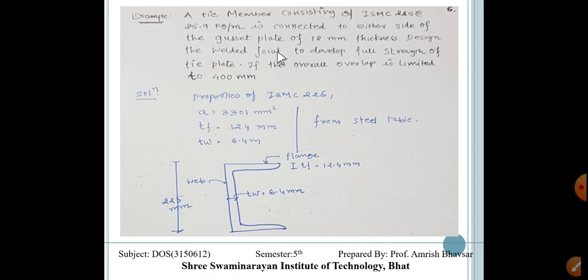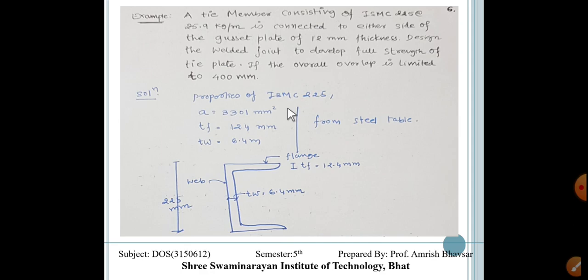Design the welded joint to develop the full strength of the tie plate. If the overall lap joint overlap is limited to 400 mm, here we can't take the overlap of the member on the gusset plate greater than 400 mm. So again we have some limitation.